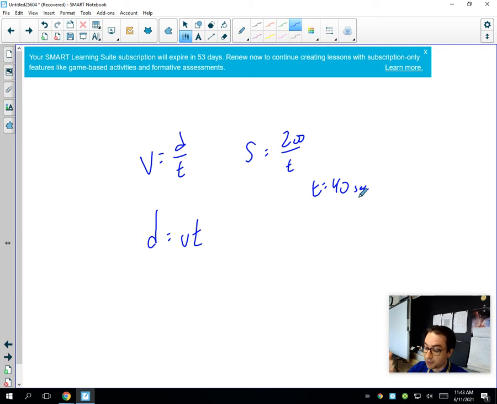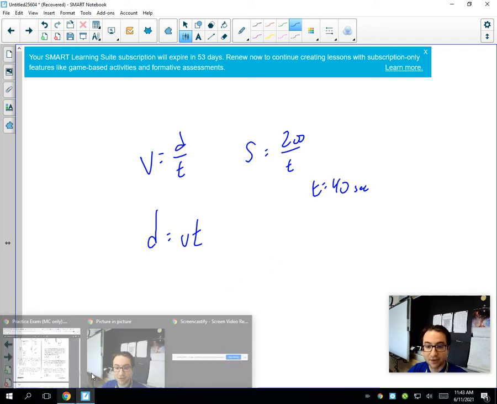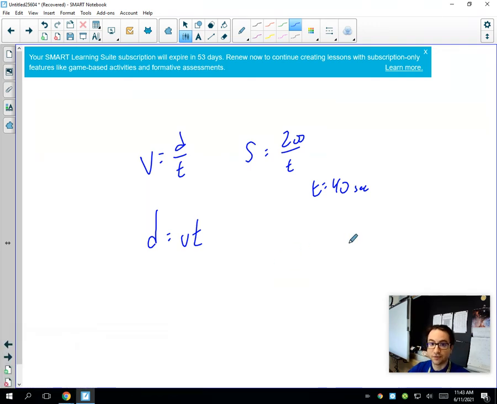So if car A is moving for 40 seconds before it catches up due to its relative 5 meters per second faster than car B's velocity, then we can now combine that 40 seconds with its actual velocity of 20 meters per second.